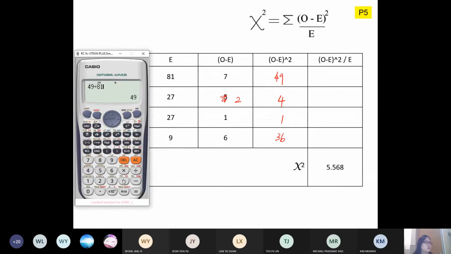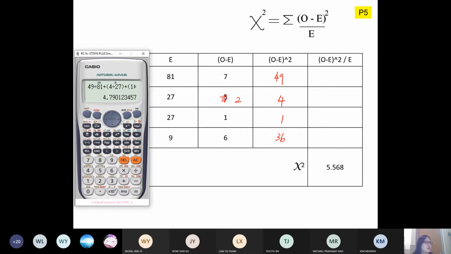I'm lazy, so I'm just going to do it all in one shot. 4 over 27. Please tell me if I did something wrong, because my maths doesn't work when I teach bio somehow. 7 plus 36 divided by 9. I actually could type that, I don't know why.